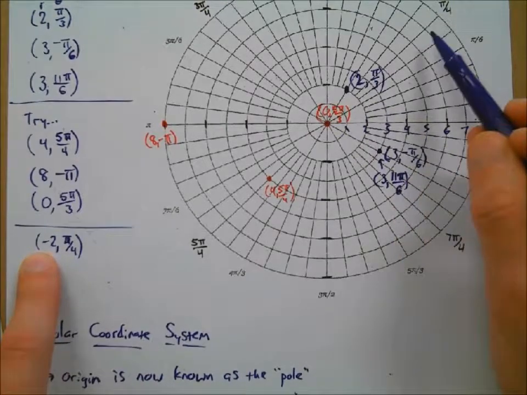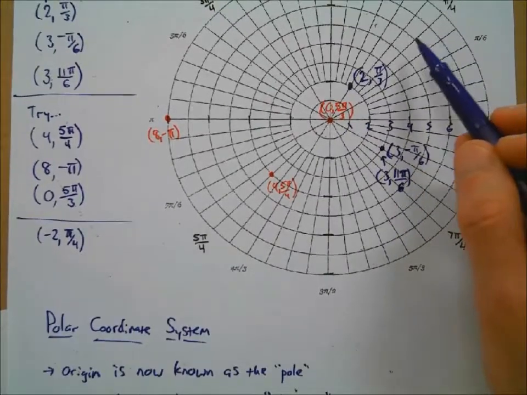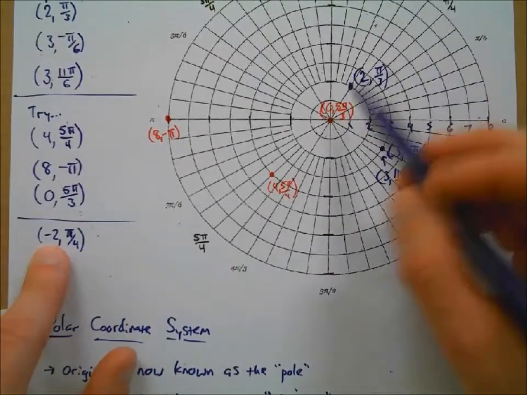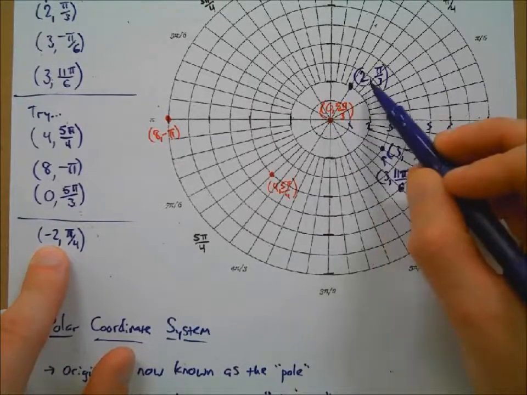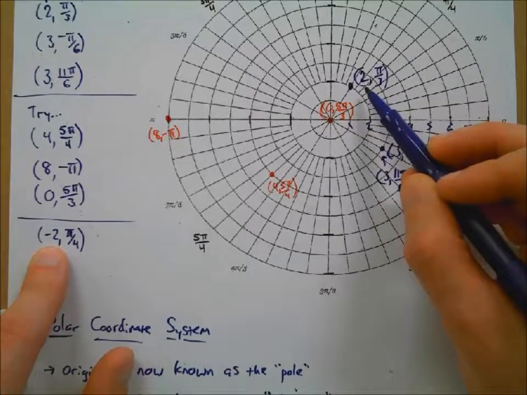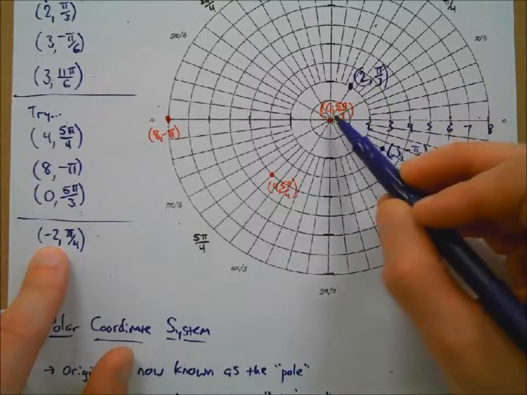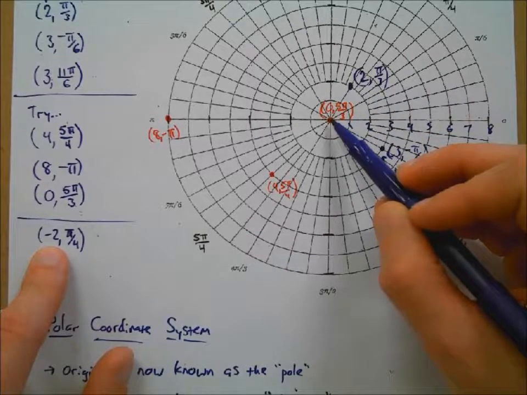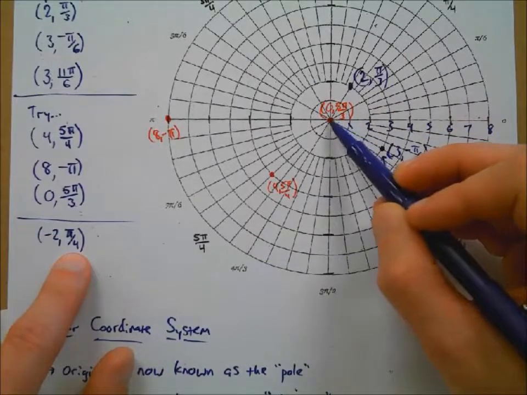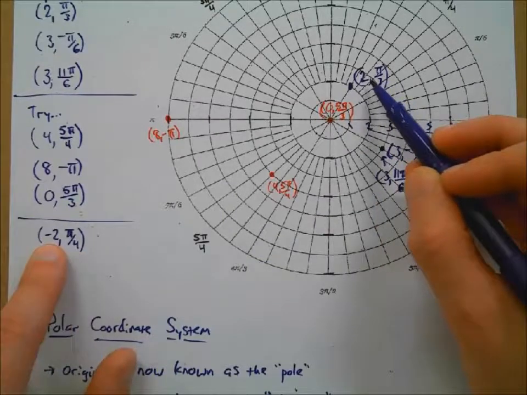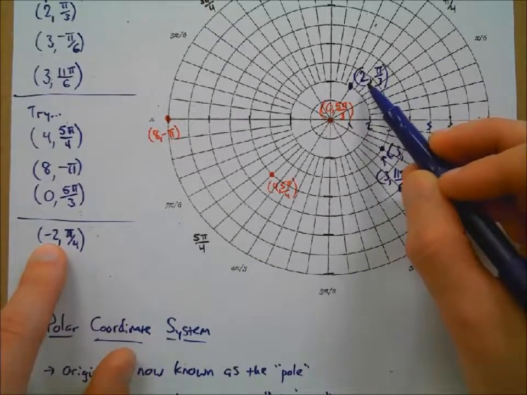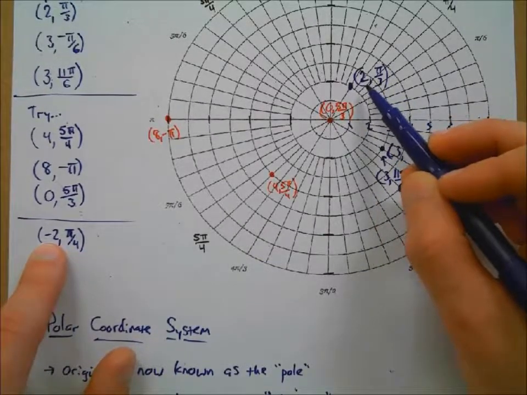But exactly right, what you were saying there, Rebecca. Since it's a negative 2, we're not going to go towards pi over 4. We should go which direction? The exact opposite direction. So yes, we're pointing towards pi over 4, but because it's negative 2, we're actually going to go towards what angle? The opposite, 5 pi over 4.